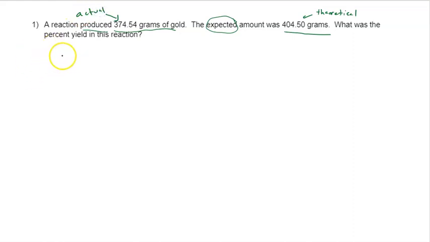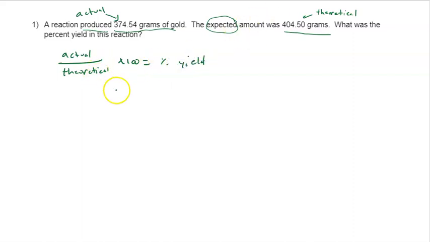For percent yield, it's always going to be our actual divided by our theoretical, and then times 100. That gives you your percent.